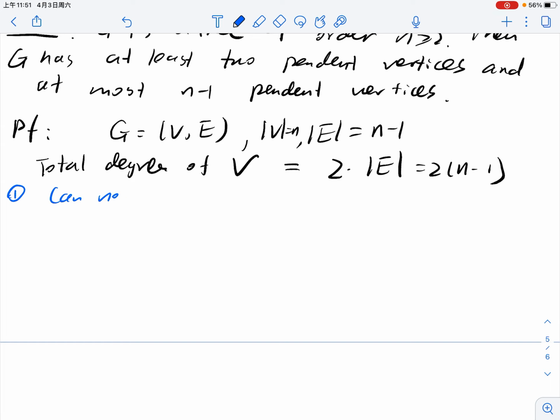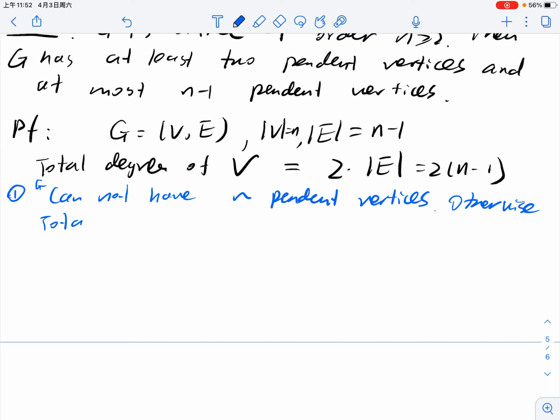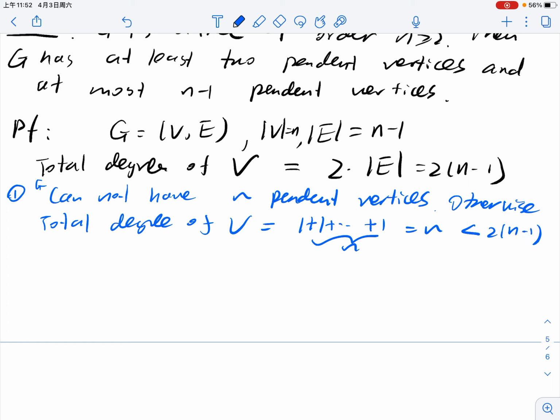Then G cannot have n pendant vertices, because otherwise the total degree of V would be 1 plus 1 plus all the way to 1, which is n, less than 2(n minus 1).